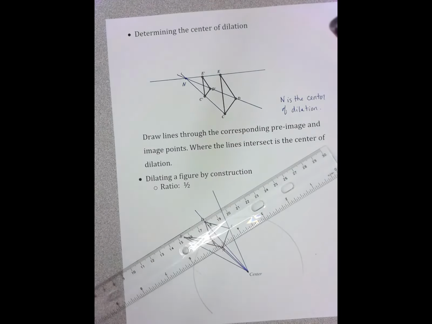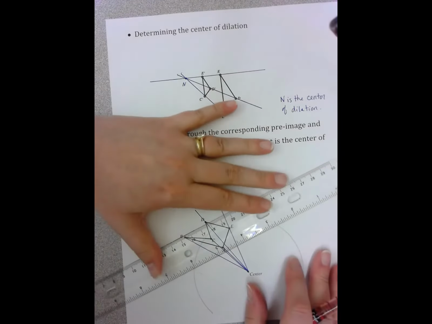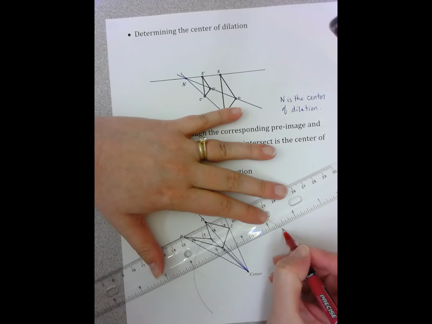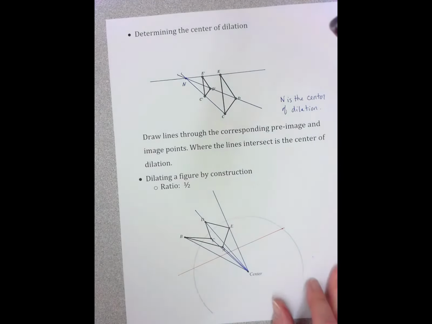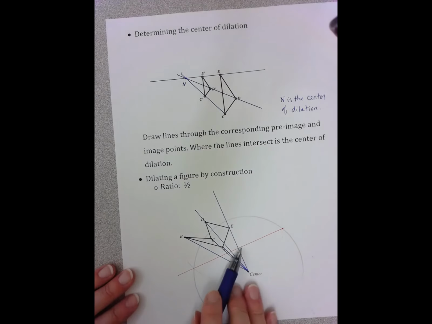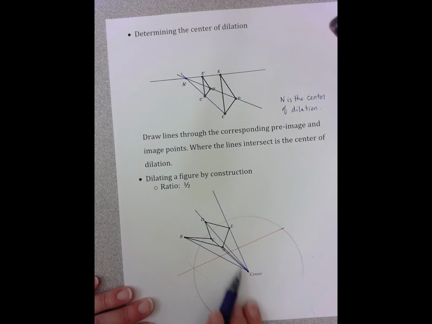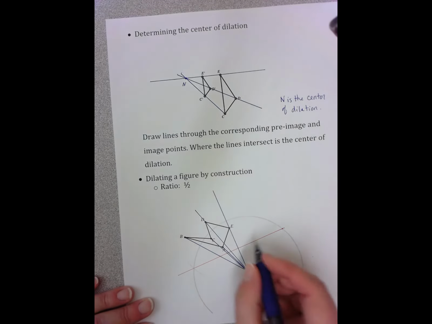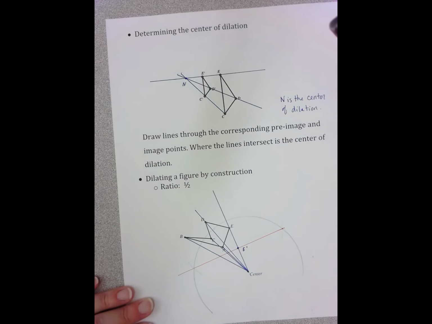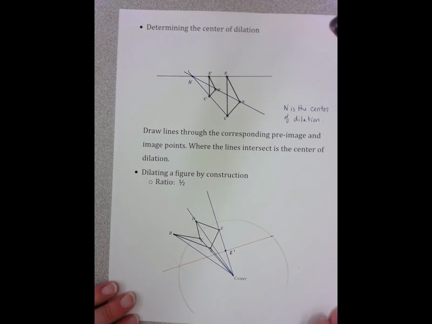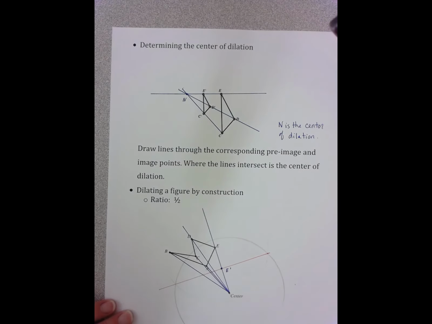I'm going to do this in red pen so that it has a slightly different color, a little clearer to see. And now what this has done is that the red line and this line are perpendicular to each other, so I could put a 90 degree. But the more important piece is it cut the line E to the center in half, which means I now am halfway closer to the center than I was when I was at E.